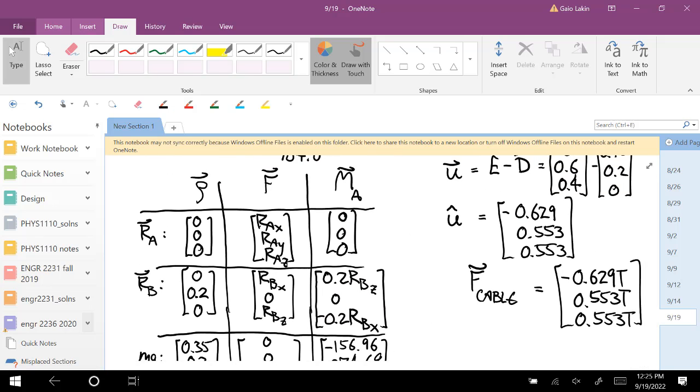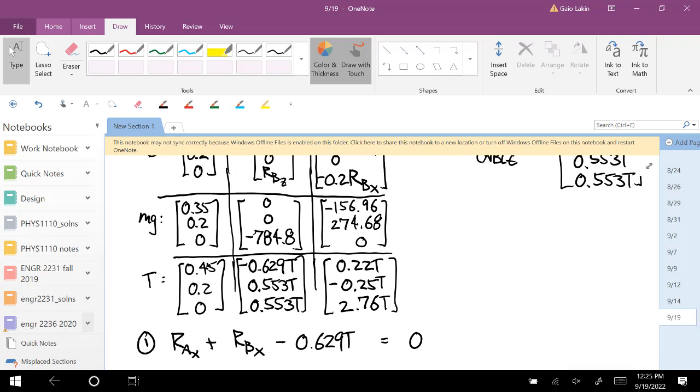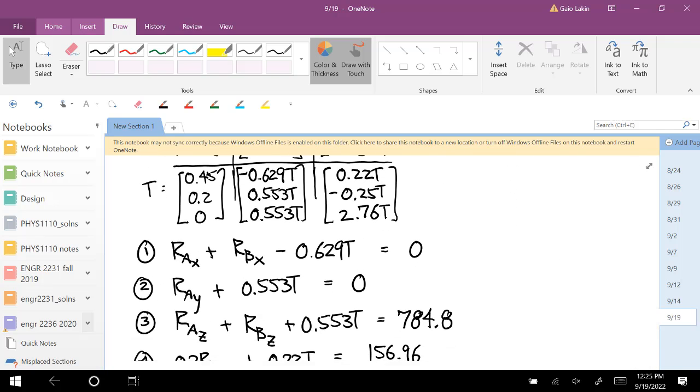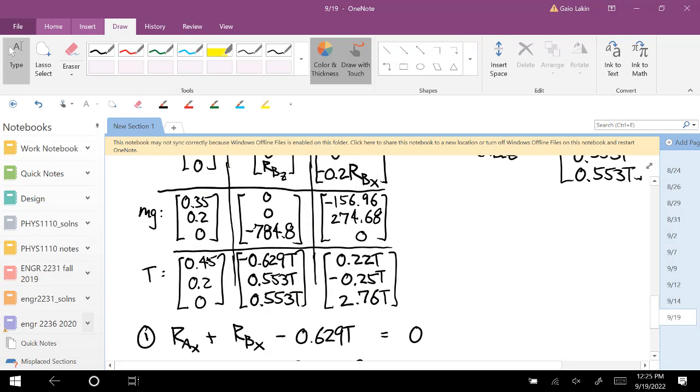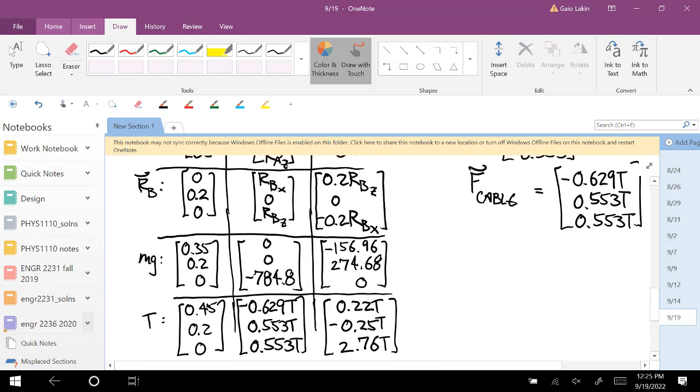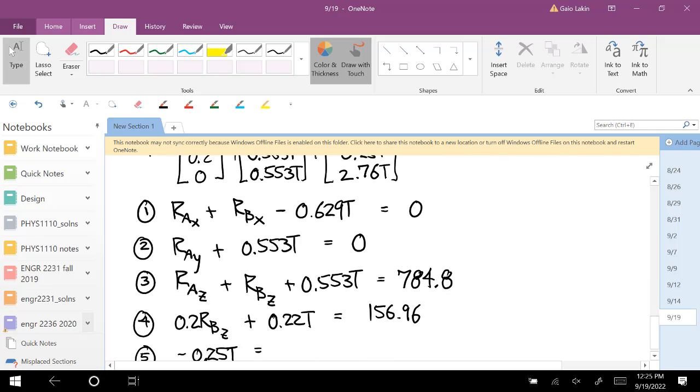The Y equation says negative 0.25T is equal to negative 274.68.